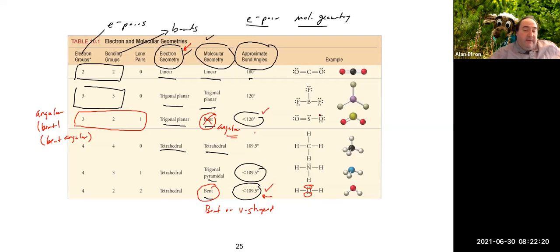And what that does is give you a central atom, right? And the electron pair geometry describes the central atom that's going on there. When we're dealing with something diatomic, there's obviously only two atoms, and there's not really a central atom in that case.